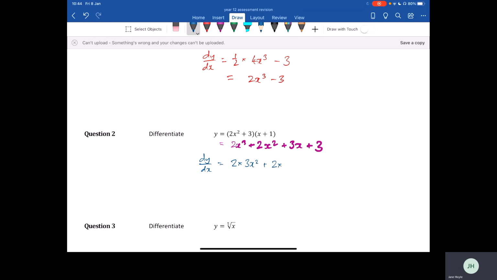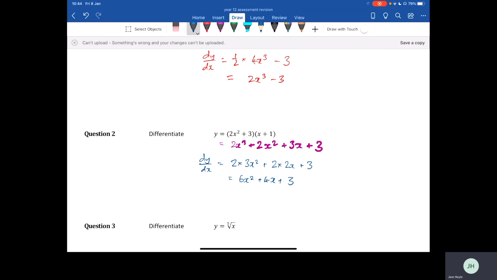And then I've got 2 multiplied by differentiate the x squared, 2x. Differentiate 3x, and we just get 3. Differentiate any constant, of course, we're going to get 0. And then tidy that up, 6x squared plus 4x plus 3.